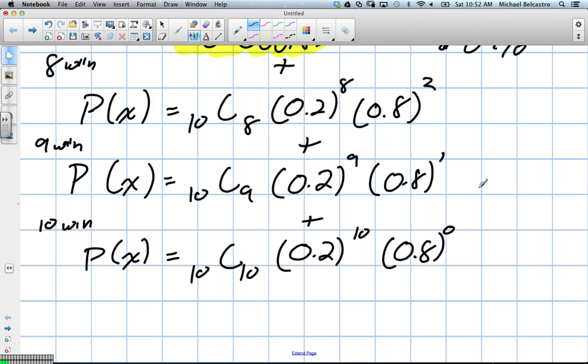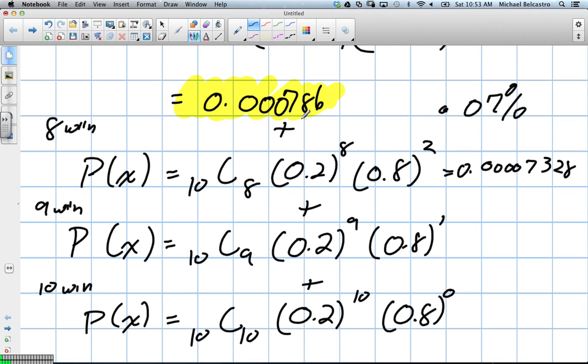Now, with a good calculator, we can do this all in one shot. I'm going to do the 8 here. So 10 combination 8 times 0.2 to the power of 8 times 0.8 to the power of 2. So we got a very small decimal again. And if we look at it, it's actually really similar to our last one. We've just increased by 1 decimal place.